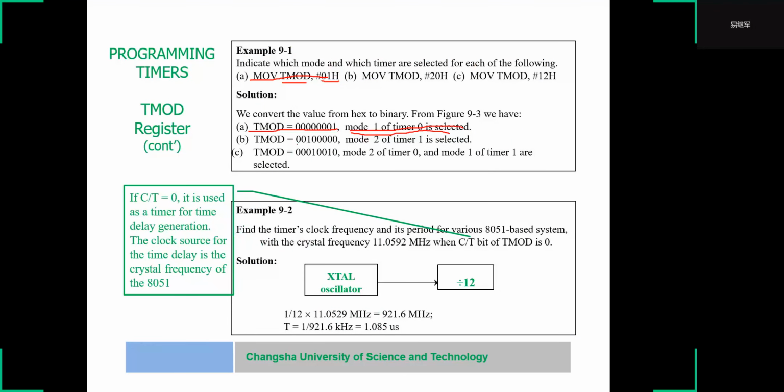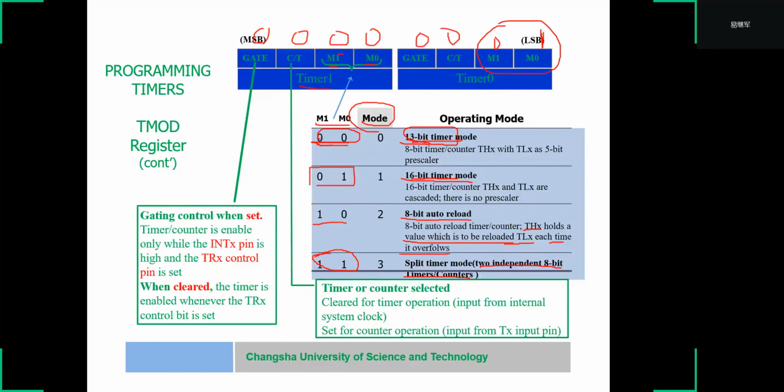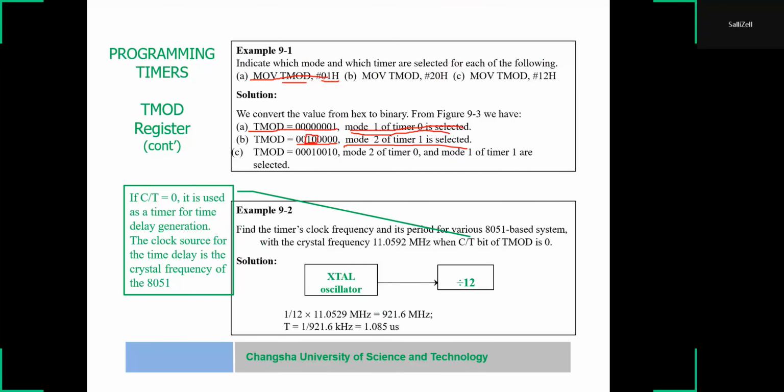If we use this other value, we can see that the mode is 01, so mode 1 of timer 1 is selected. From here, we know how to set TMOD for timer 0 and timer 1.